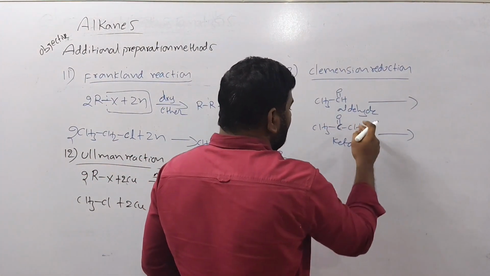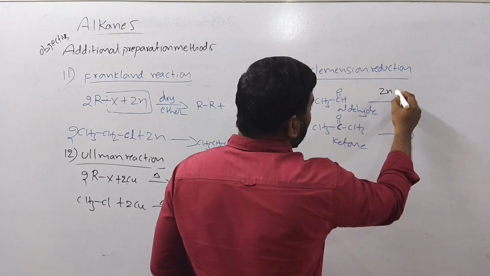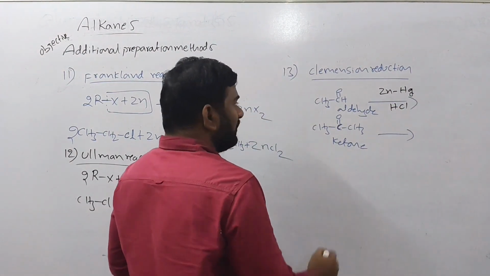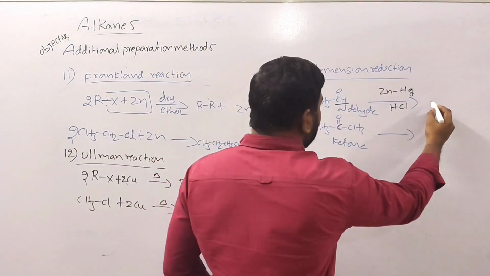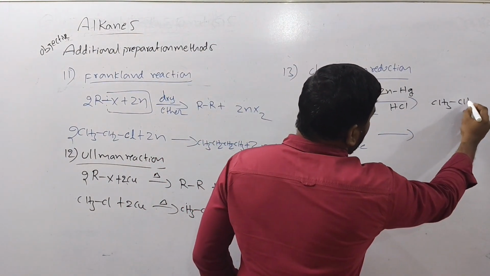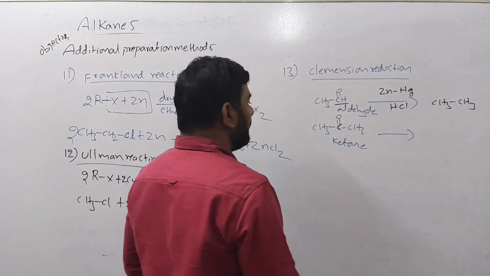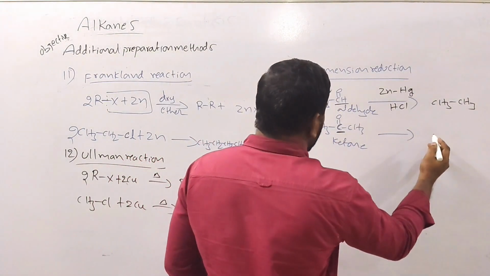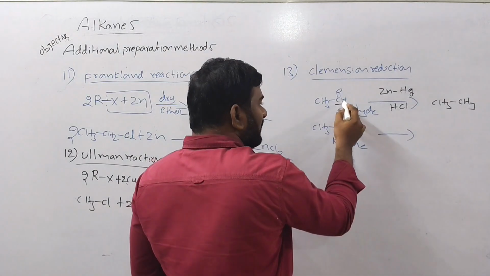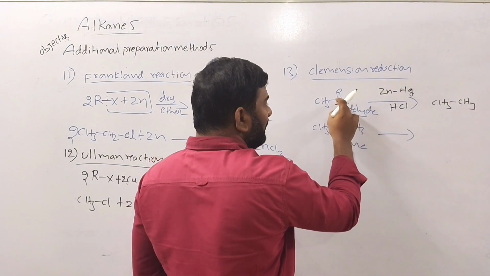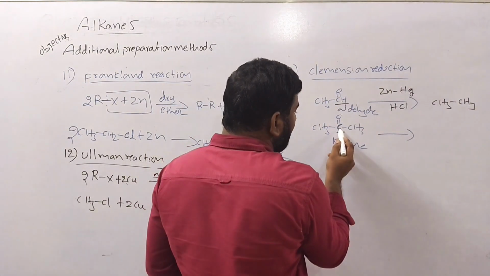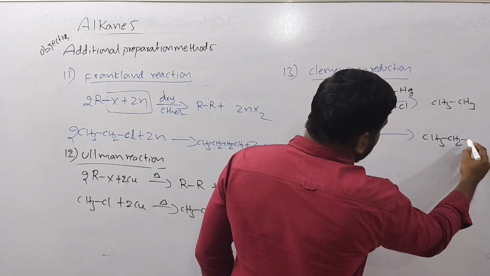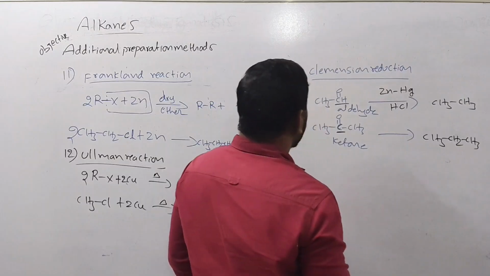These aldehydes and ketones react with zinc amalgam in the presence of HCl. Simply, the CHO group is converted into CH3 in the case of an aldehyde, so you get an alkane. Similarly, in the case of a ketone, the CO group is converted into CH2. Here only one H is there, and the remaining two hydrogens you have to add. So CH3CH2CH3. This is the Clemmensen reduction.